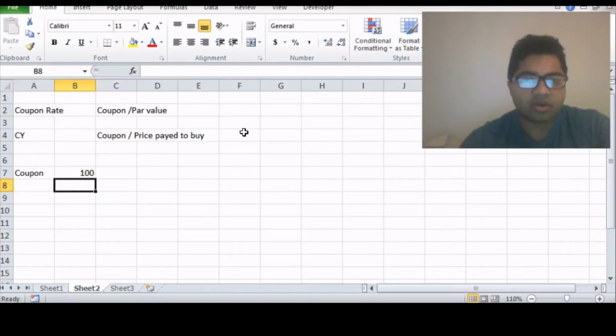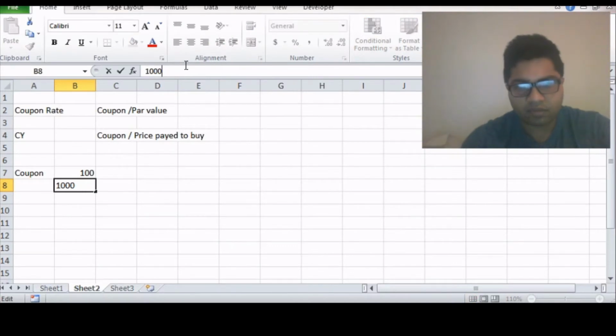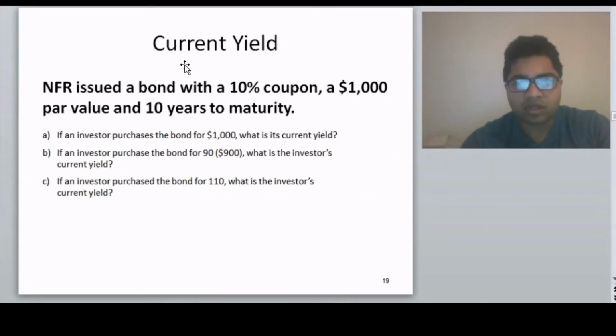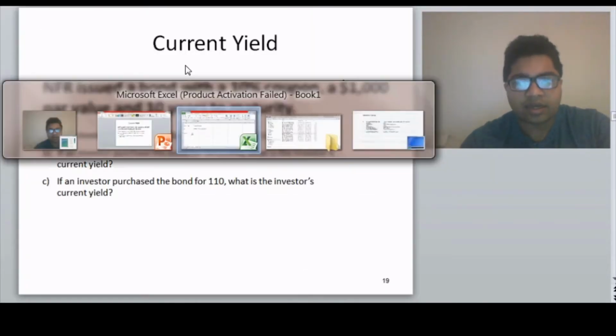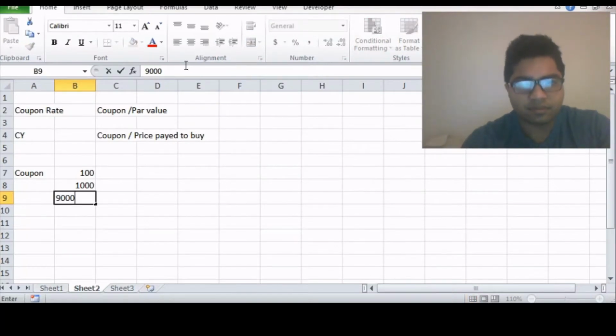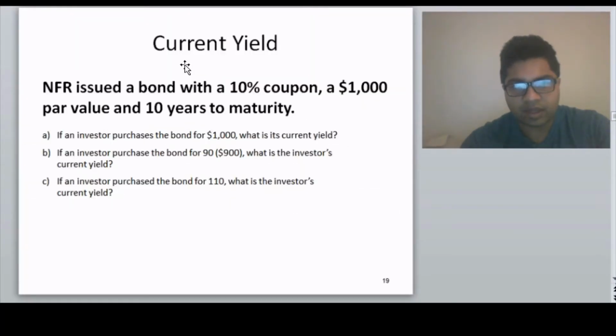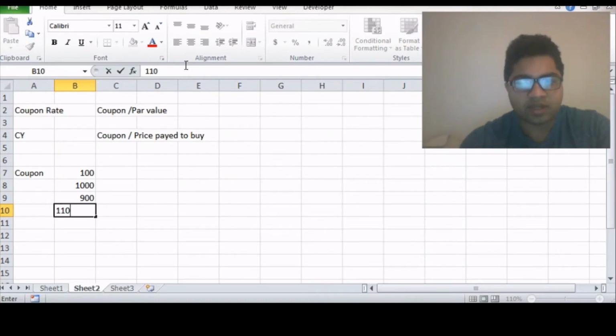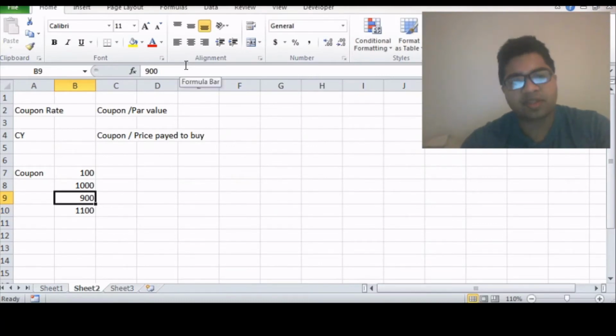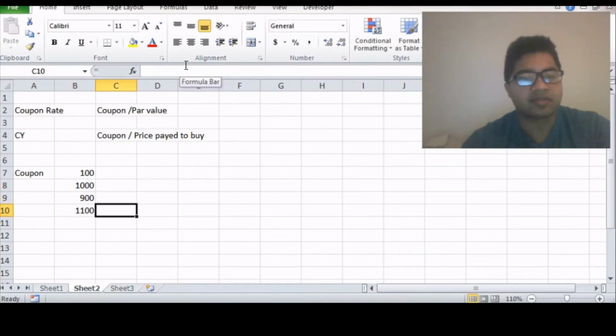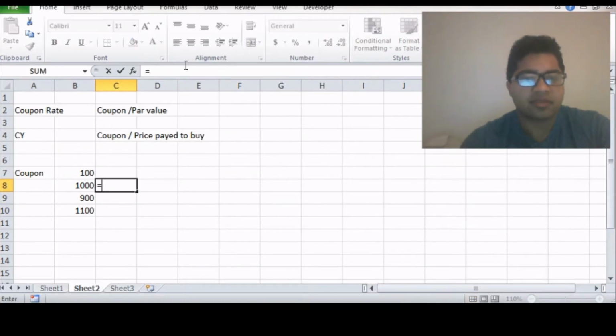And you purchase the bond for 1,000, for 900, and for 1,100. These are the different purchase price combinations that are given.